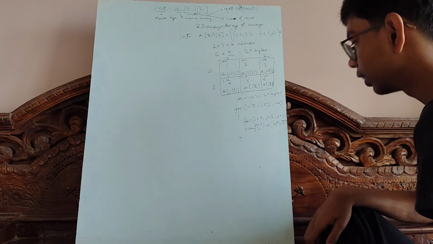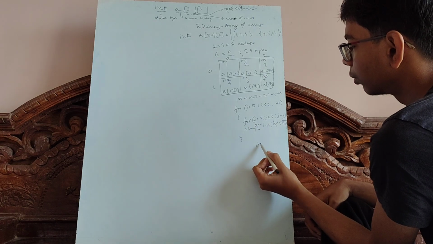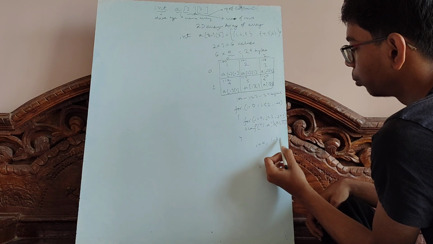Now what will happen, see clearly. For i equal to 0, j will be 0, 1 and 2.